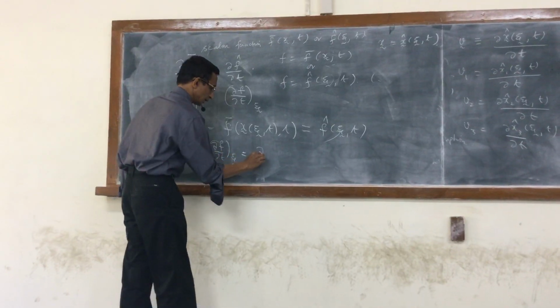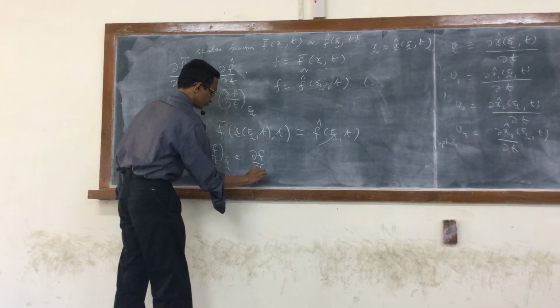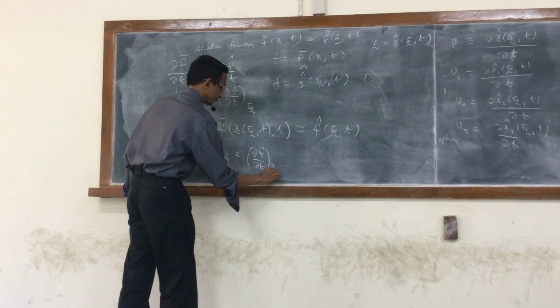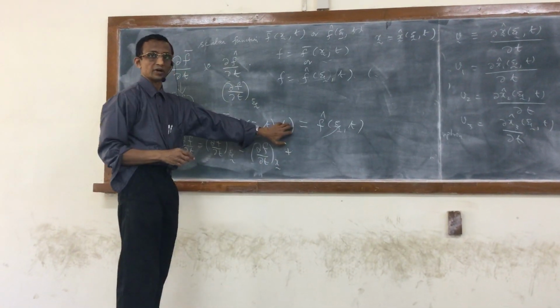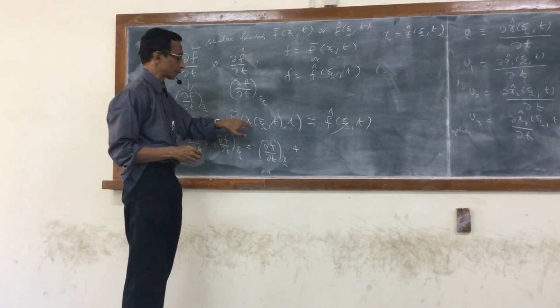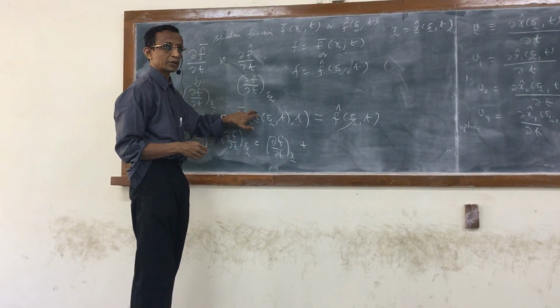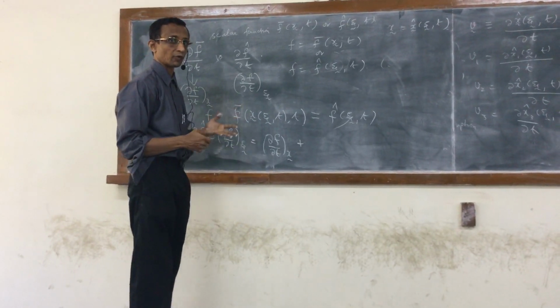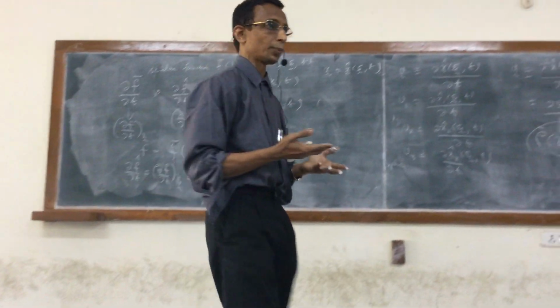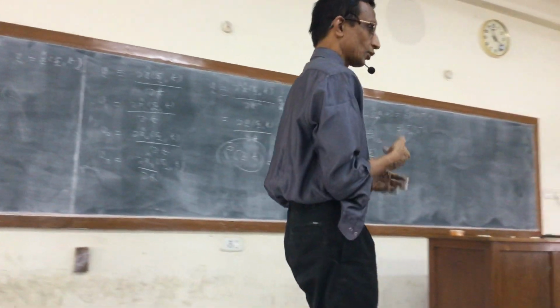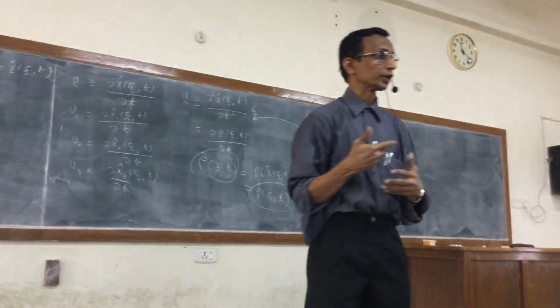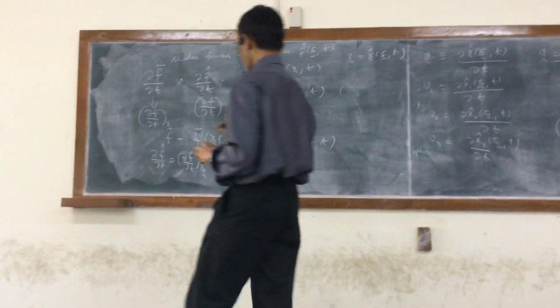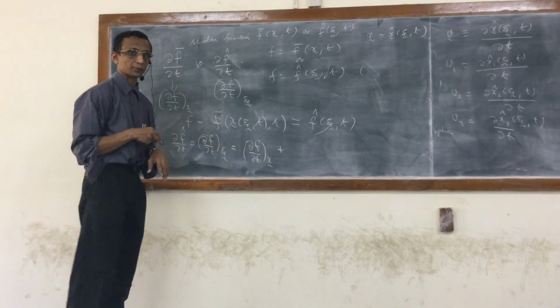So this would be df by dt at x. So I'll write that term first. Plus I'll get three terms because this is the chain rule. So if you're not following what I am doing, you have to go back and check what the chain rule means. You cannot be going over it again and again, because this is something you're supposed to know.